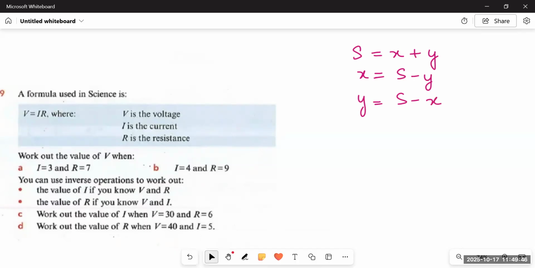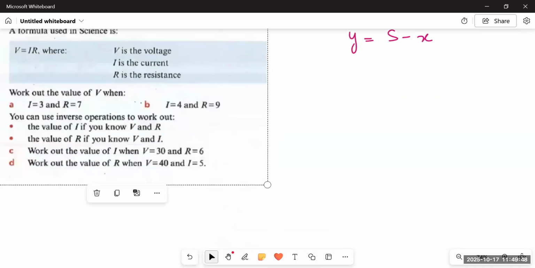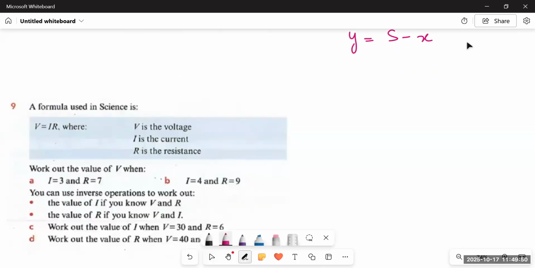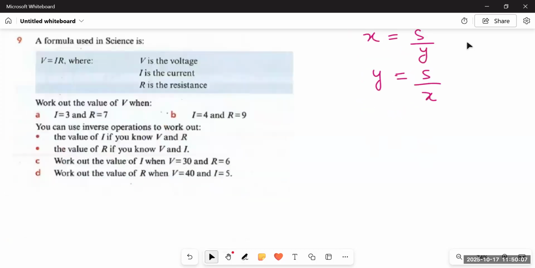And now we have to use another formula over here. If s is equal to xy, meaning x multiplied by y, then x is equal to s over y and y is equal to s over x. This is how you have to manipulate the formulas.